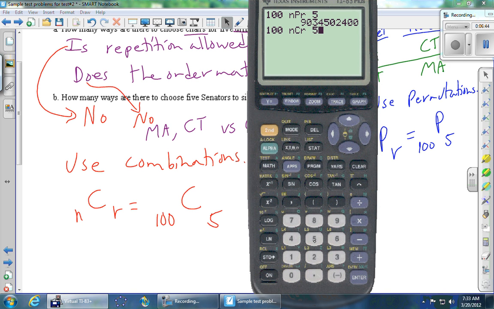We're expecting a number quite a bit smaller than the previous one, because now all the different positions are equal, so the order does not matter. So for example, Massachusetts and then Connecticut is the same as Connecticut and then Massachusetts, so this number is quite a bit smaller than the previous one.